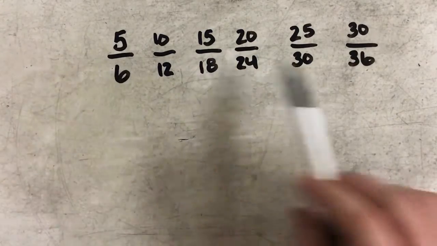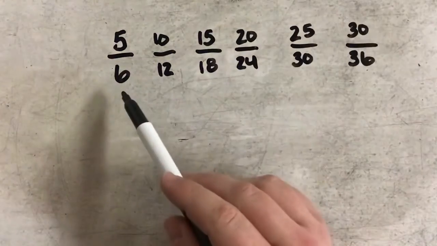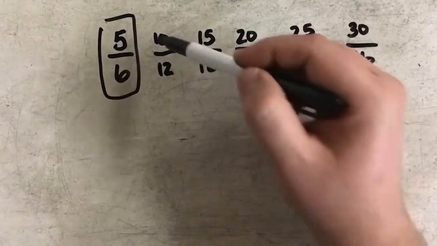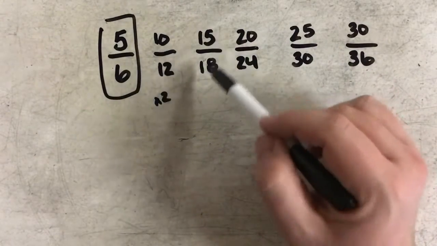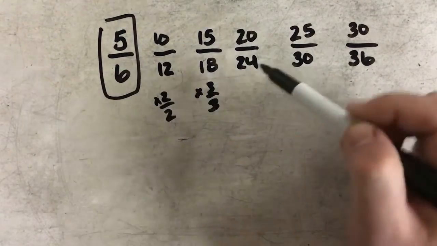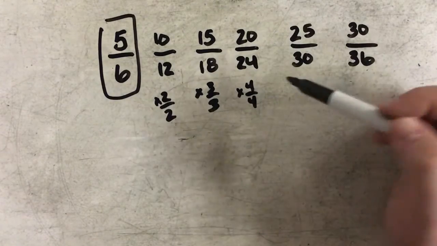So just by listing these multiples, I have actually created equivalent fractions that are all equivalent to 5/6. 10/12, I multiplied by 2 over 2. For 15/18, I multiplied by 3 over 3. For 20/24, I multiplied by 4 over 4.